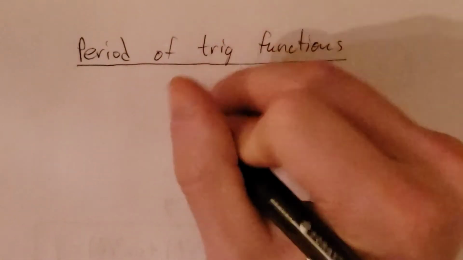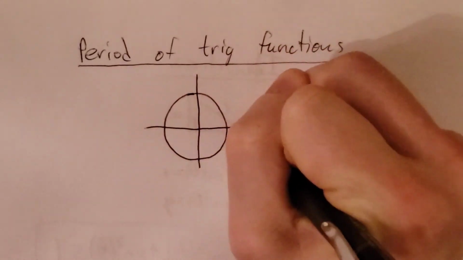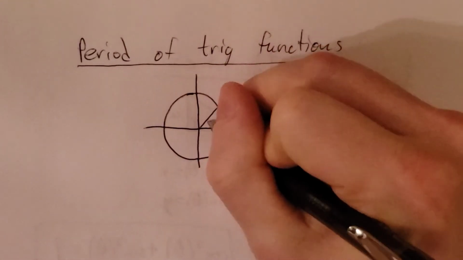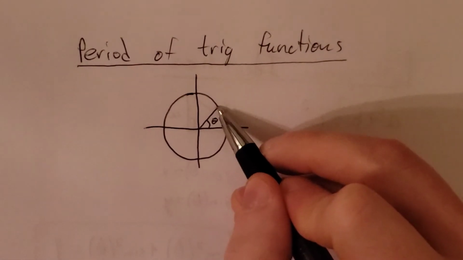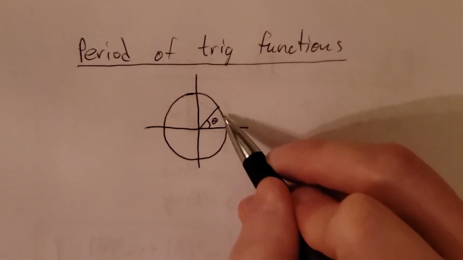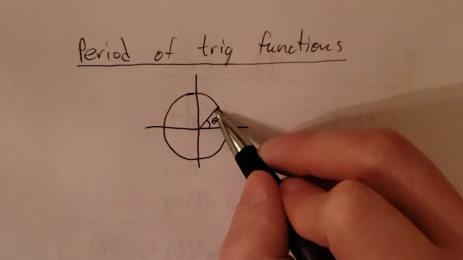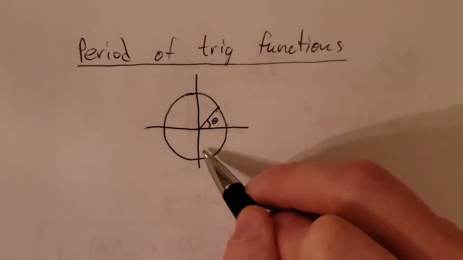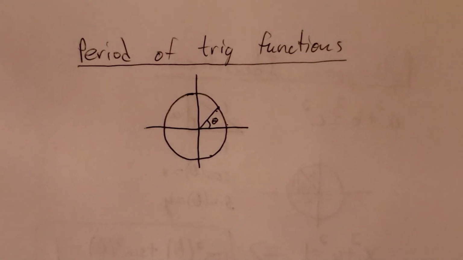Let's think about what that might be in terms of circles. So suppose we have some theta here. If we have some random theta here and we add 2 pi to that, we get back to the same point. No matter where we're at on the circle, if we add 2 pi, we always get back to the same point. So certainly, the period of cosine and sine may be 2 pi.